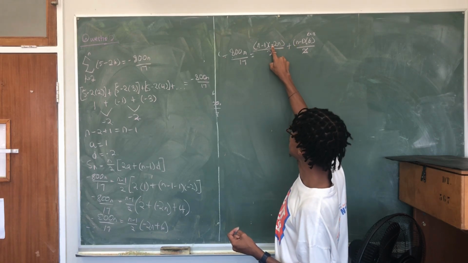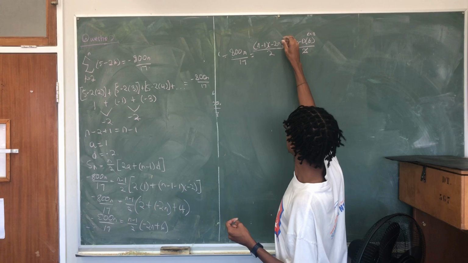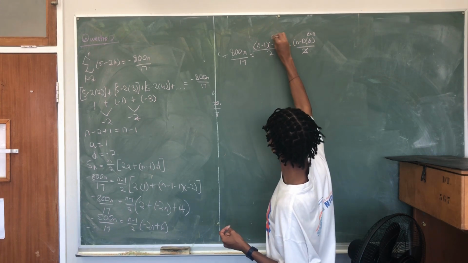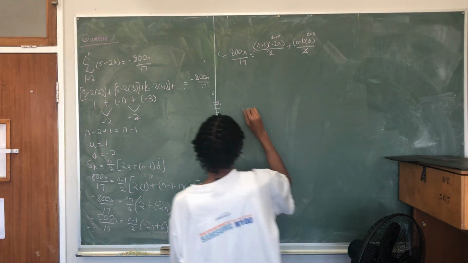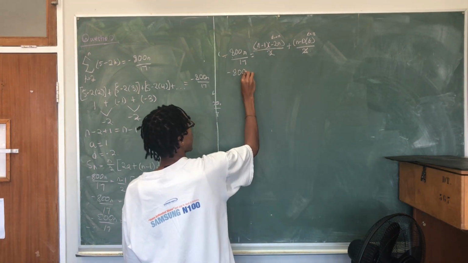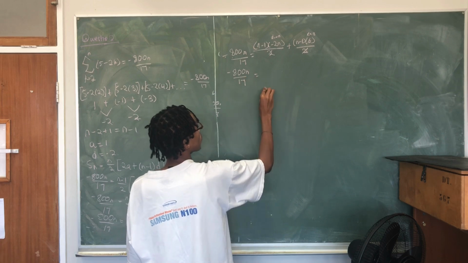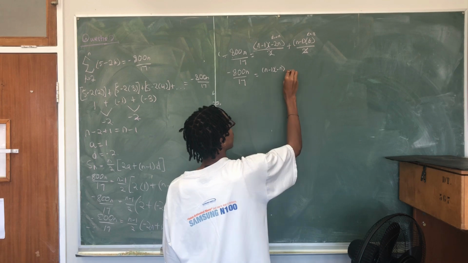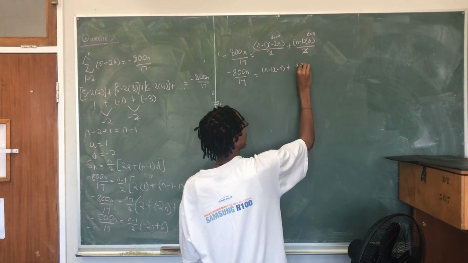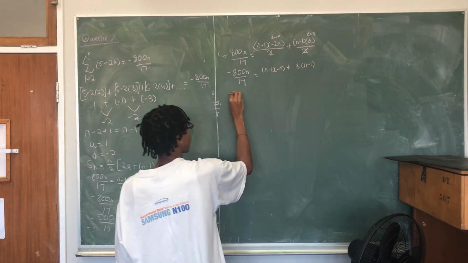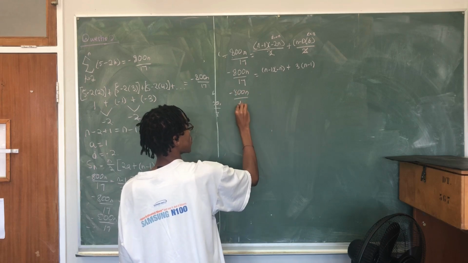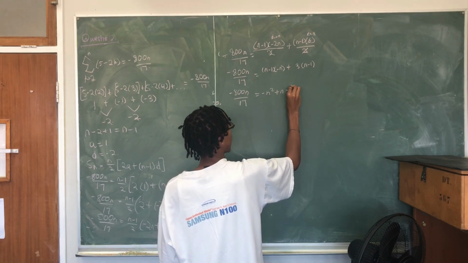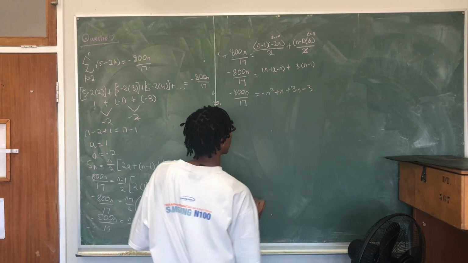Negative 2n is the product. It can be expressed as 2 times negative n, so that the 2's cancel each other out. What we're left with is negative 800 n over 17 is equal to n minus 1 multiplied by negative n plus 3 multiplied by n minus 1. Negative 800 n over 17 is equal to negative n squared plus n plus 3n minus 3.